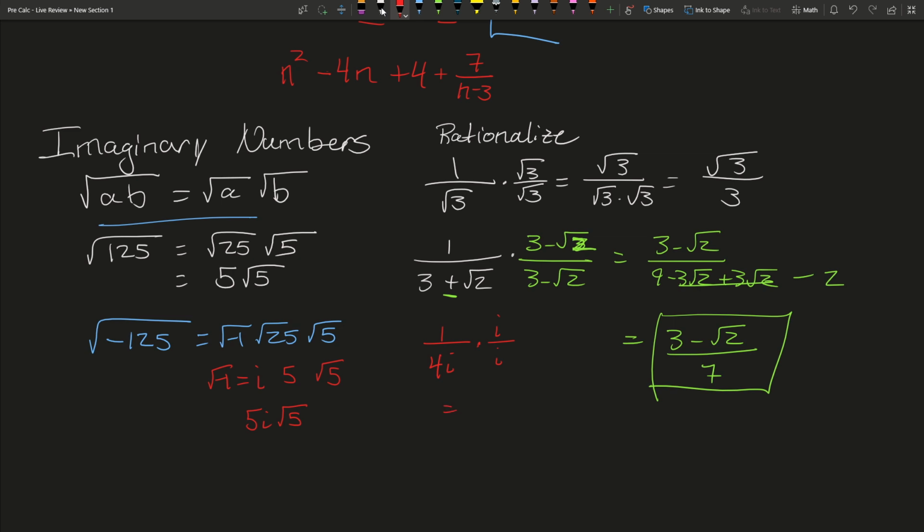Because when we do this, we get i over 4i squared, which simplifies to i over 4 times negative 1. Because i squared is always negative 1, which will just equal negative i over 4. Not a real answer, but it's rational.